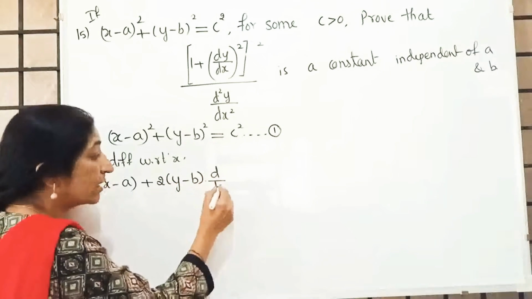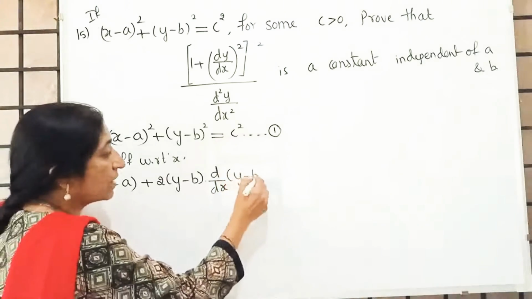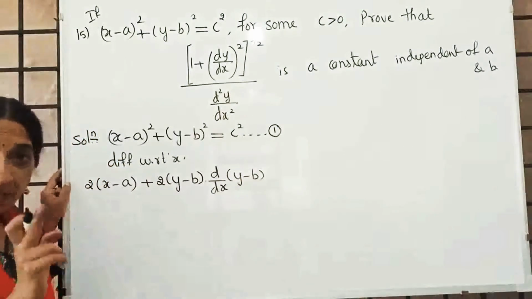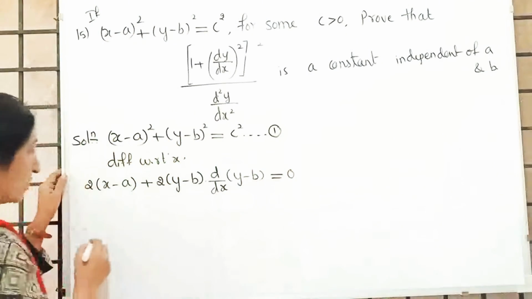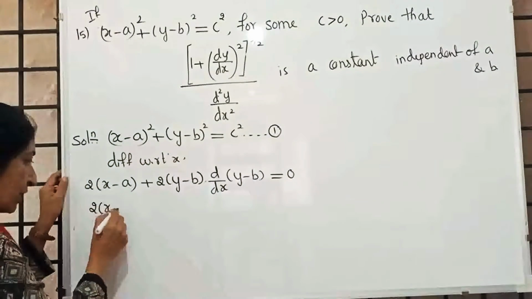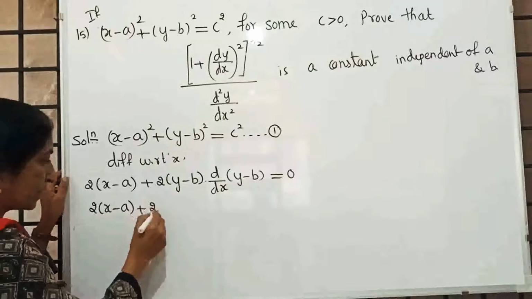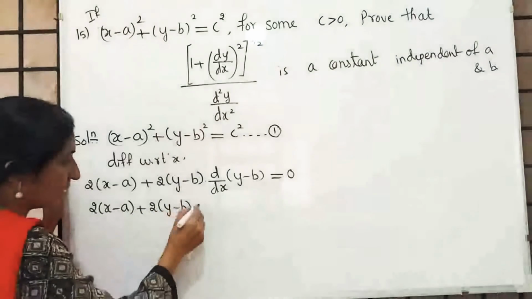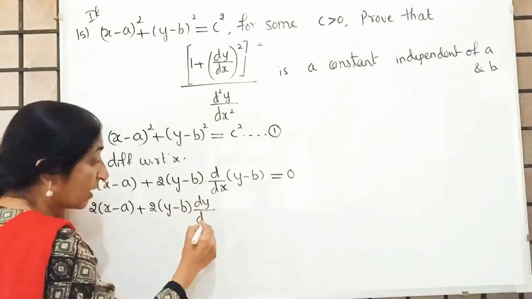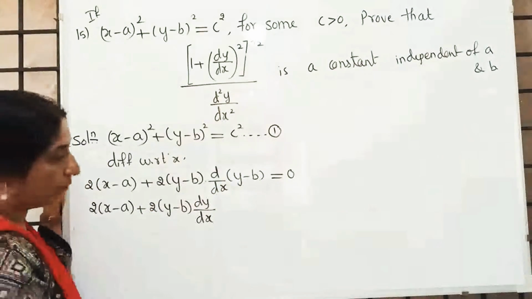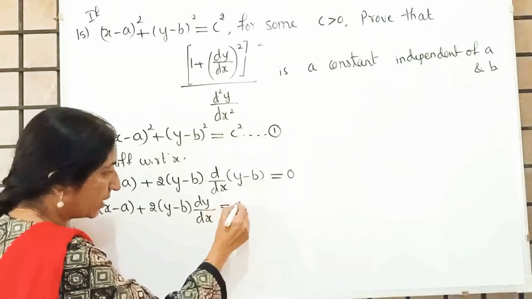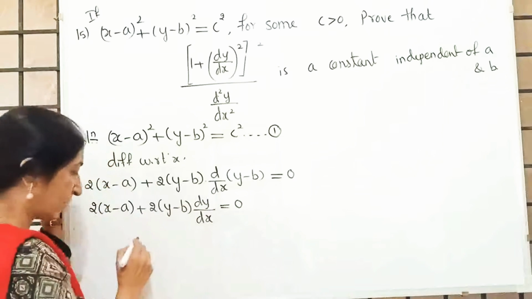Here you have to write differentiation of y minus b because the base is other than x, and differentiation of c square is 0. It is 2 into x minus a plus 2 into y minus b into dy upon dx. Differentiation of y with respect to x is dy upon dx. Differentiation of b is 0. So this is the answer.